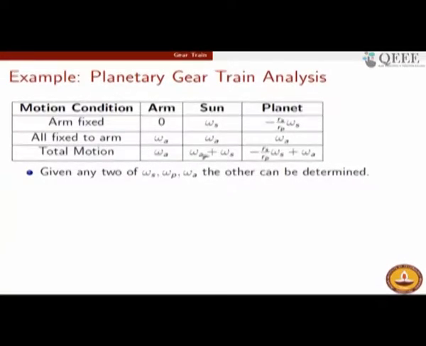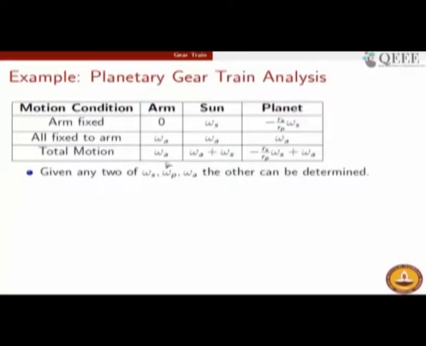So after we obtain this final row, what we decide is the following: that if, for example, the sun and the planet motion is given, we can recover the arm motion by solving two sets of linear equations. Omega a plus omega s will be given, and omega a plus omega s into minus rs by rp will be given. From these two linear equations, you can definitely recover what is omega a and omega s.